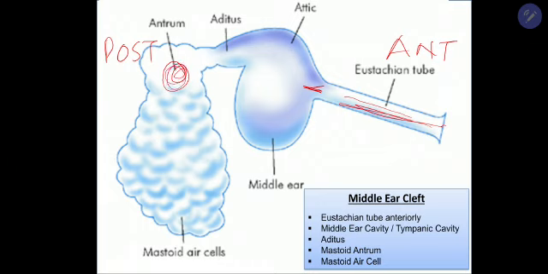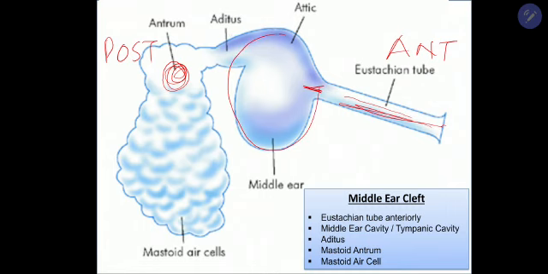Mastoid air cells are in groups and interconnected. They contain air and have mucosa, and are important for the normal functioning of our hearing. This is the brief anatomy of the middle ear cleft. All put together is known as the middle ear cleft.